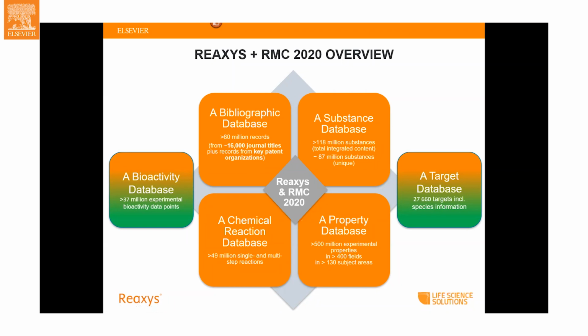Also, I would like to highlight that the access is supported with Reaxys Medicinal Chemistry, often called RMC, to say it shorter. This is a specific database of bioactivity. There are 37 million experimental data points of bioactivity, and also a lot of different targets. It's really valuable information because these targets belong to different species.